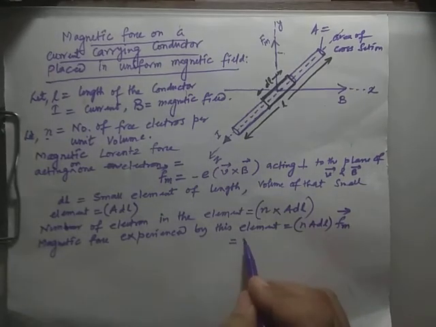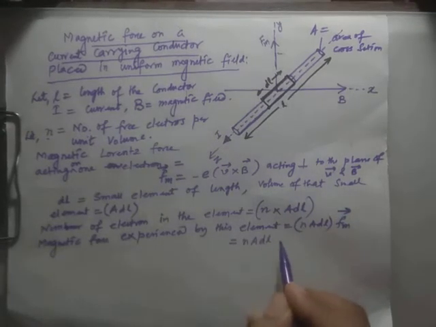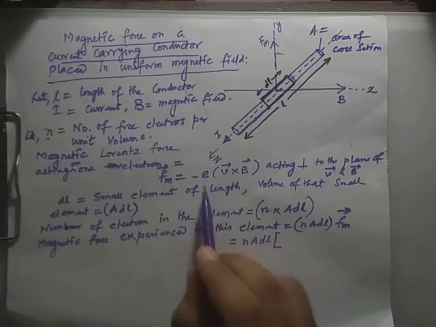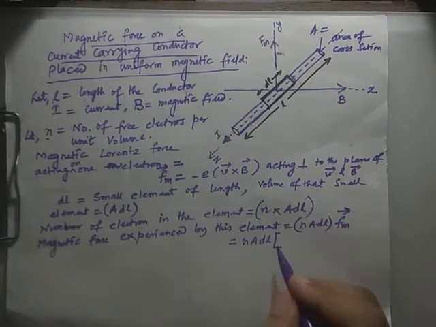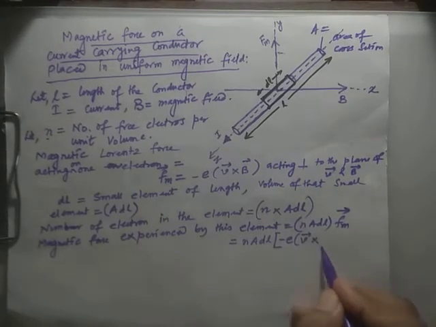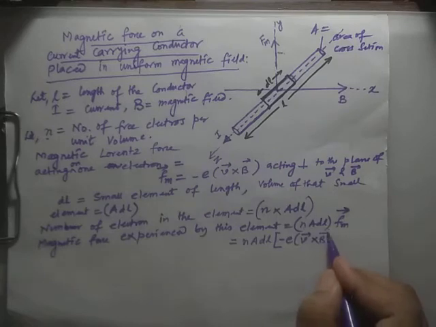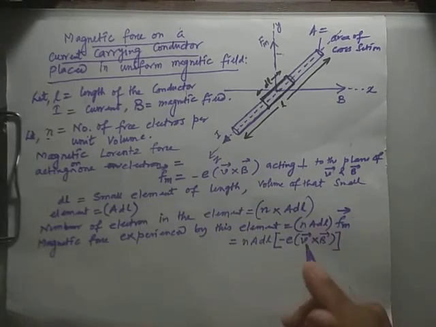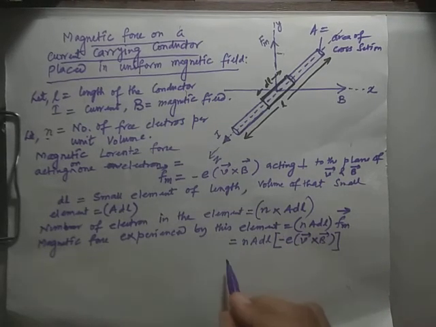So it is equal to N A dl. You put a bracket here, then Fm is equal to minus e, then v vector cross B vector. Now we take e on this side.